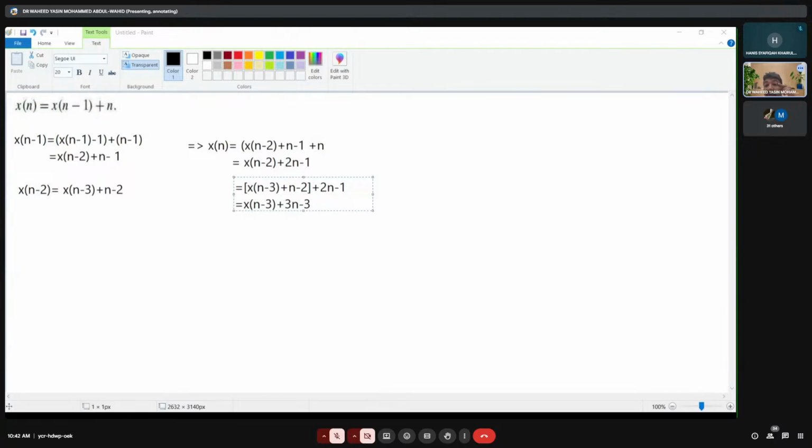Here we can get it like this. Okay, we can substitute here and get this formula, the same formula with a different representation. We need to get a pattern.